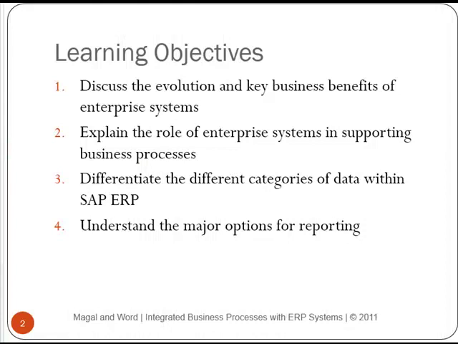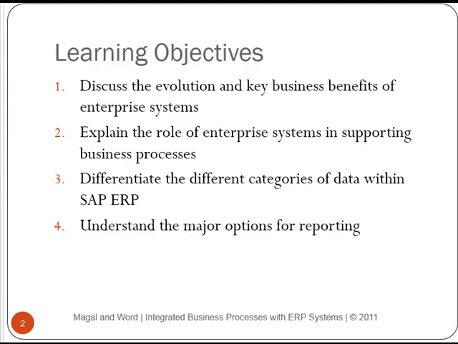So the objective of this chapter is again to review with you the benefits of enterprise systems, to see how enterprise systems support, as we said, a business process rather than a particular functional area. So we are not supporting just finance or supporting sales or supporting HR.